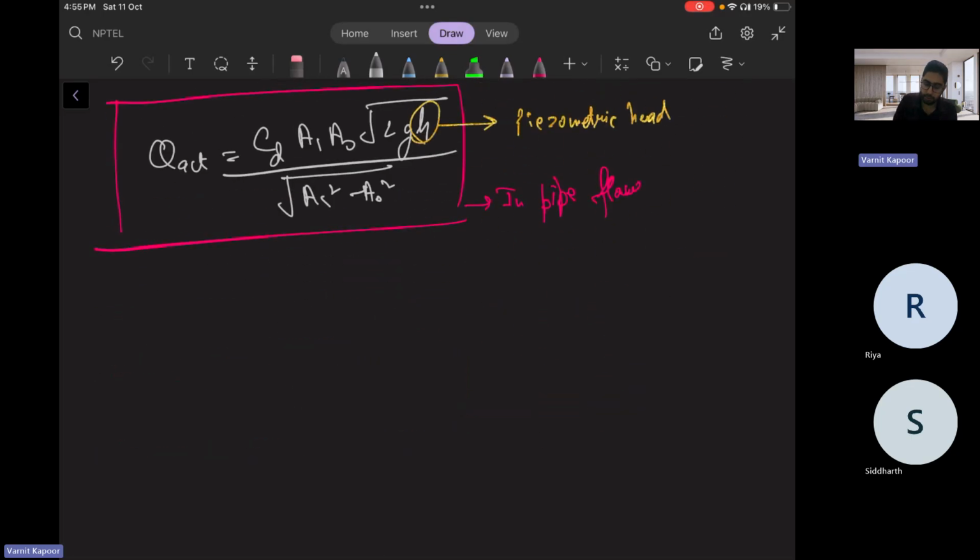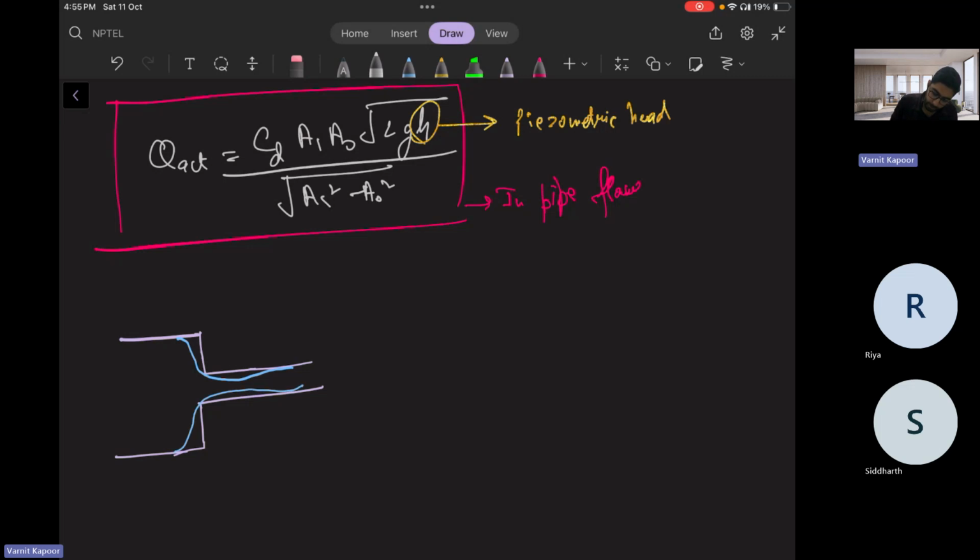Another scenario is, suppose you have a pipe like this with a certain compression. What happens here? Again, a vena contracta forms and then it tries to expand. Similarly here, the contracta forms and expands.